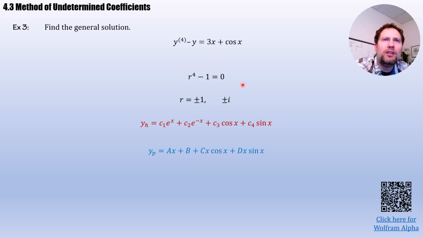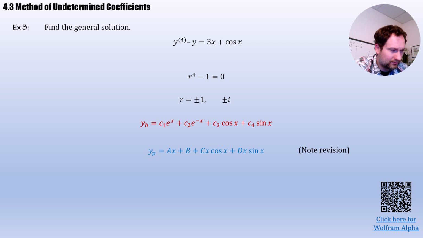Now the cosine is going to normally produce a c cosine x and a d sine x in our particular solution. But do you see what I did there? Why did I multiply by x, both of those? Do you see why? Well, notice this overlap with the homogeneous solution. So this needs the revision there. And so now we can proceed.